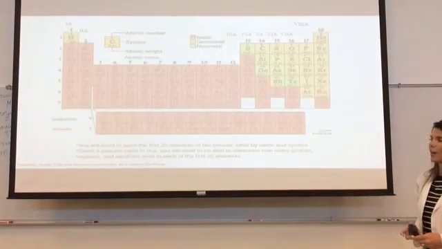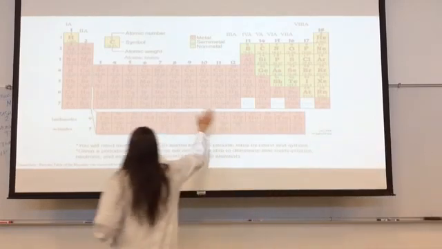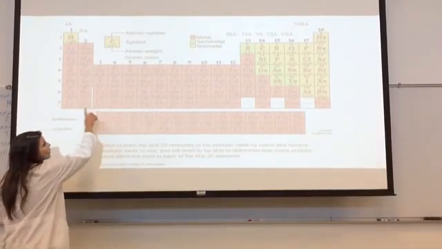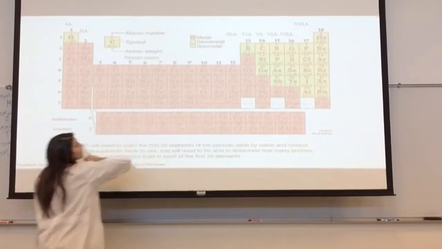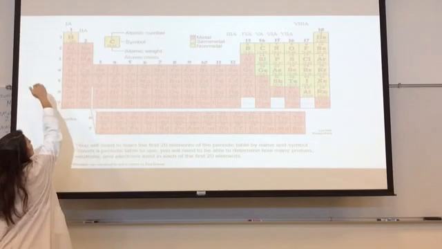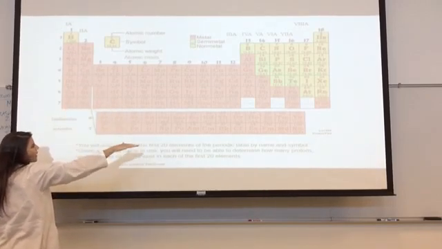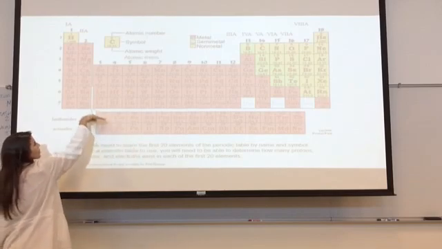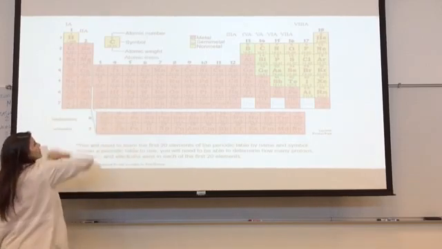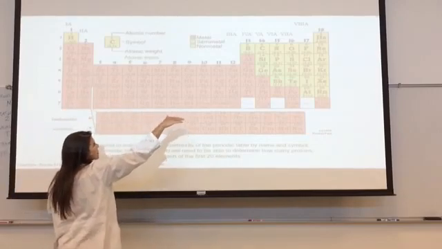So, here's an example of a periodic table. All right? We have all of the elements listed in order of their atomic number. And of course we have a section that's cut out and down here. Going across from left to right, on the rows, these are called periods. So periods go from left to right, go across.